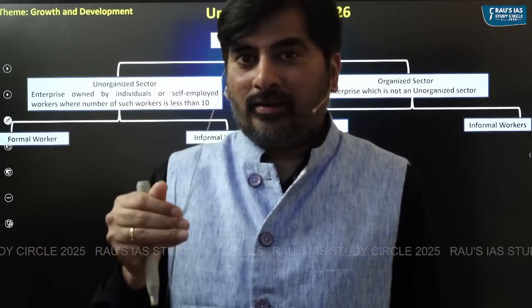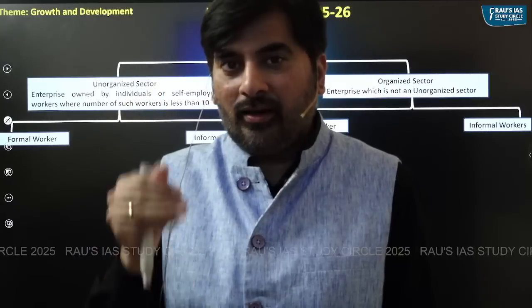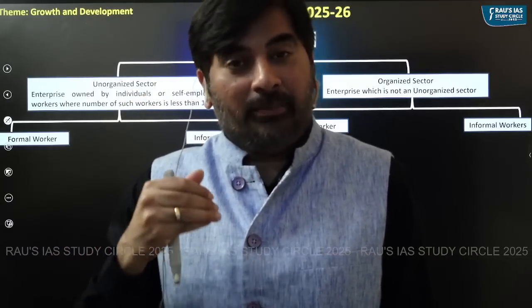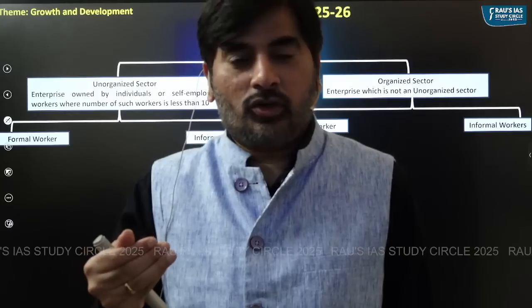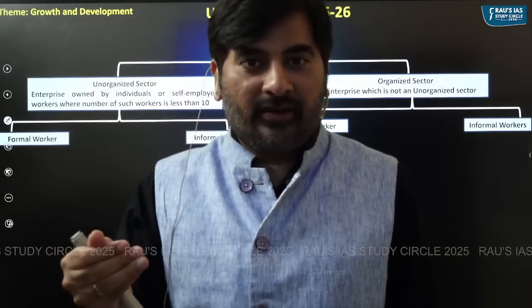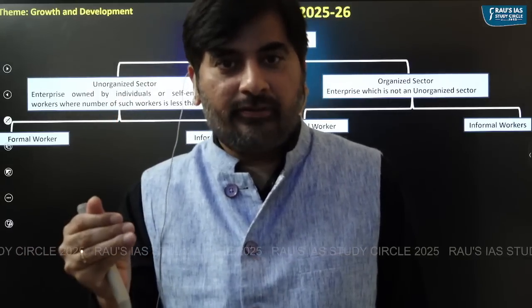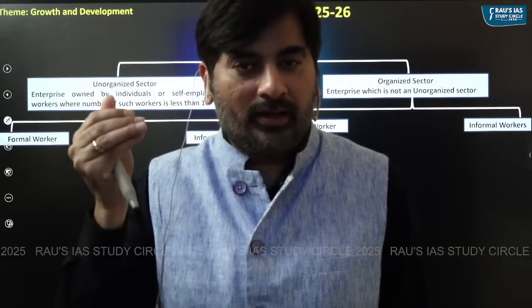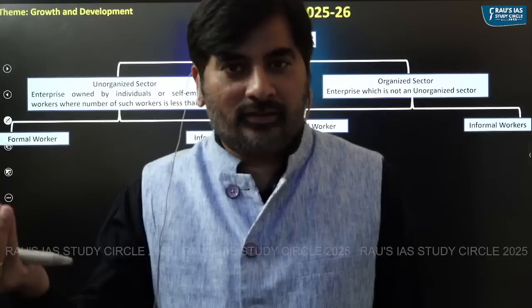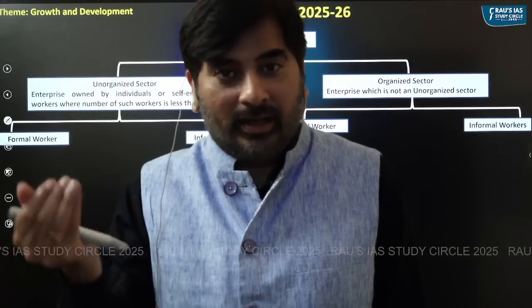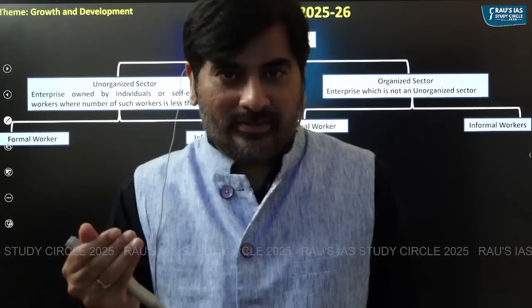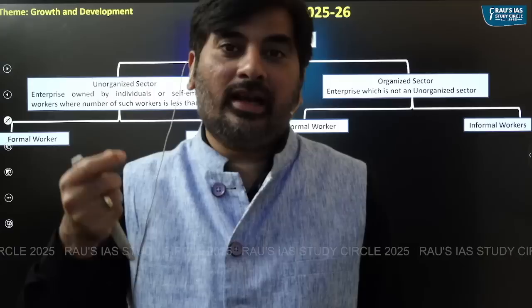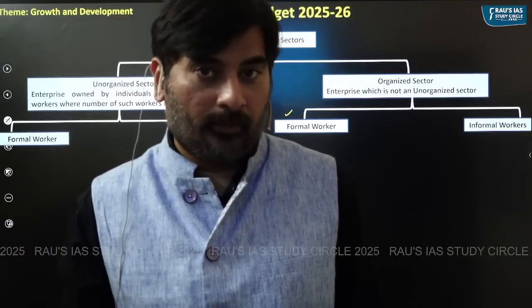That supervisor may be a permanent employee of that enterprise, and might be having access to social security benefits under EPF, Employee Provident Fund, or benefits under Employee State Insurance Corporation. The number will obviously be very less, but still you would find such people even in the unorganized enterprise.